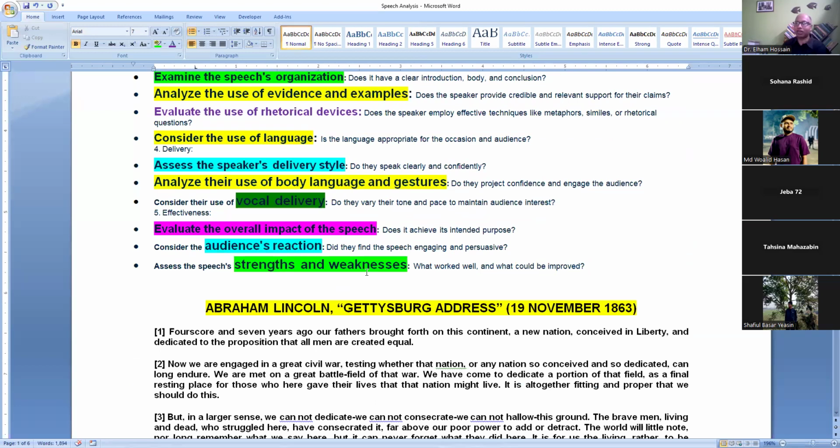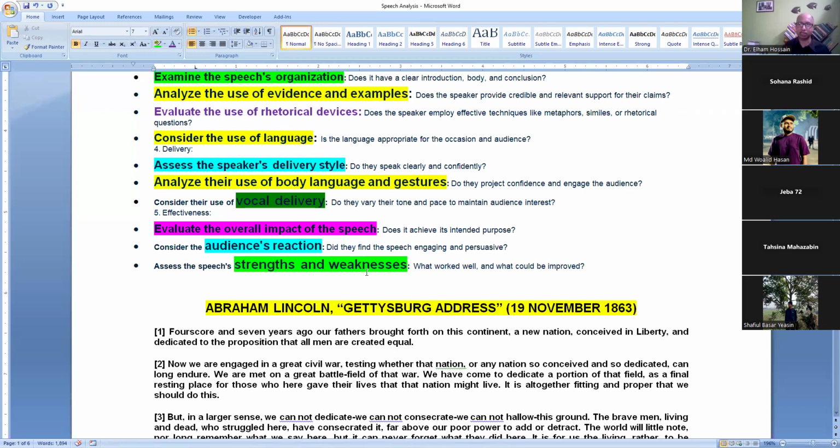Strengths and weaknesses. For example, if a speech serves its purpose, then it is a strong speech, a strong delivery. Or suppose the speech or the delivery does not serve the purpose. It does not carry the message. It does not carry the content sufficiently. Or it does not have the rhetorical devices.